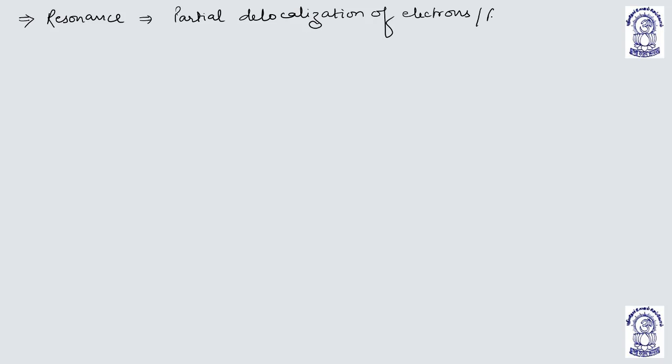This phenomenon of exhibiting resonating structures is known as what? Resonance. Resonance can be defined as a partial delocalization of electrons or electron density or charge. Okay.